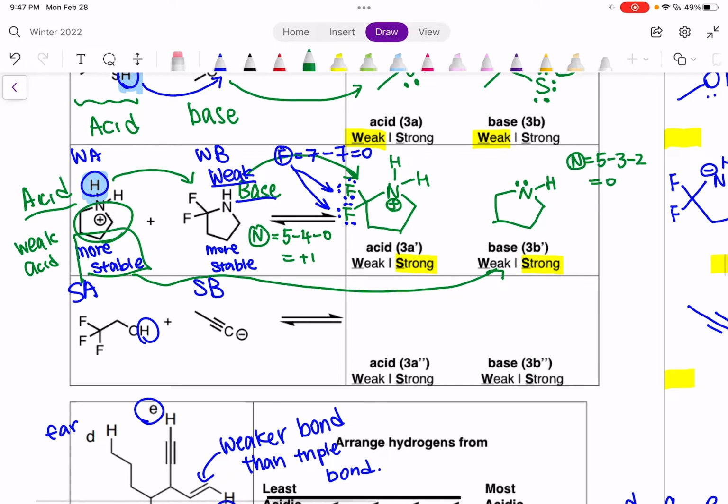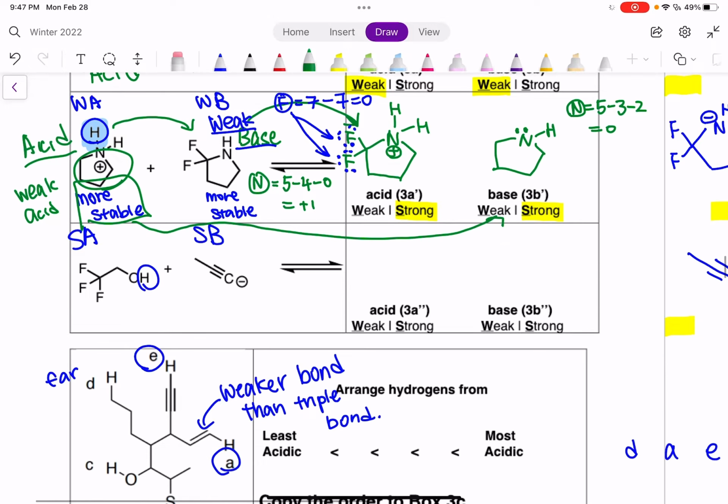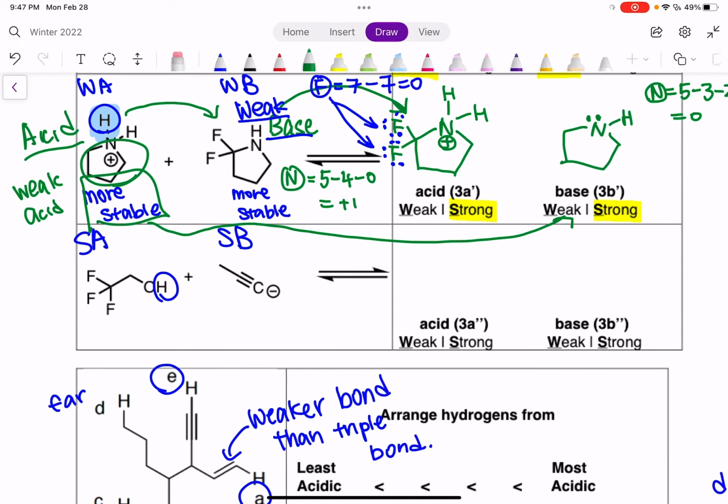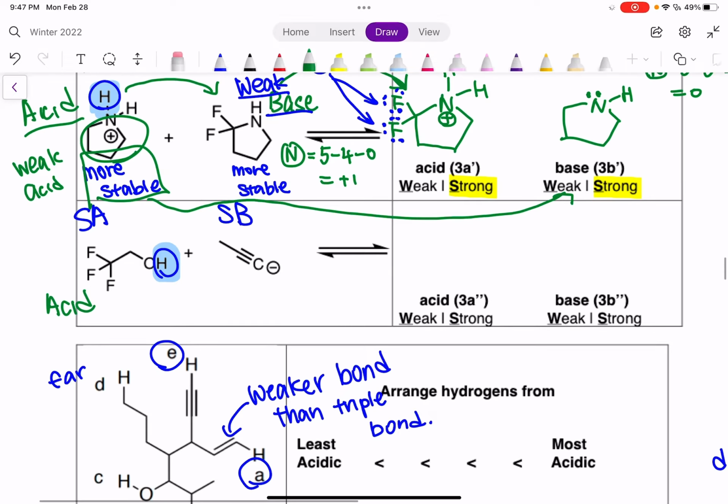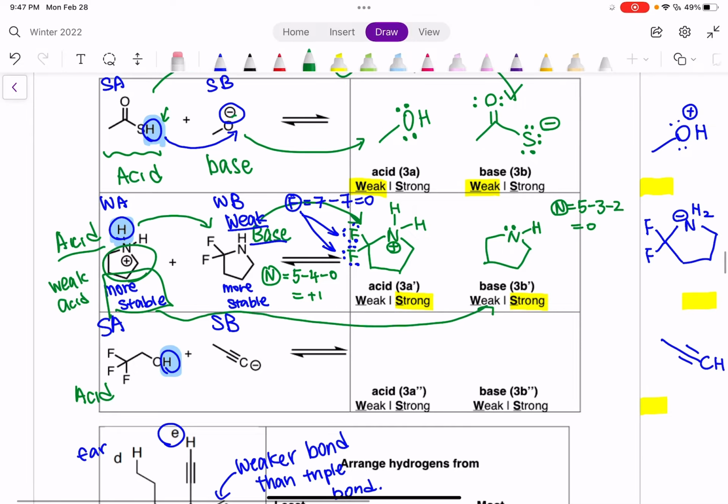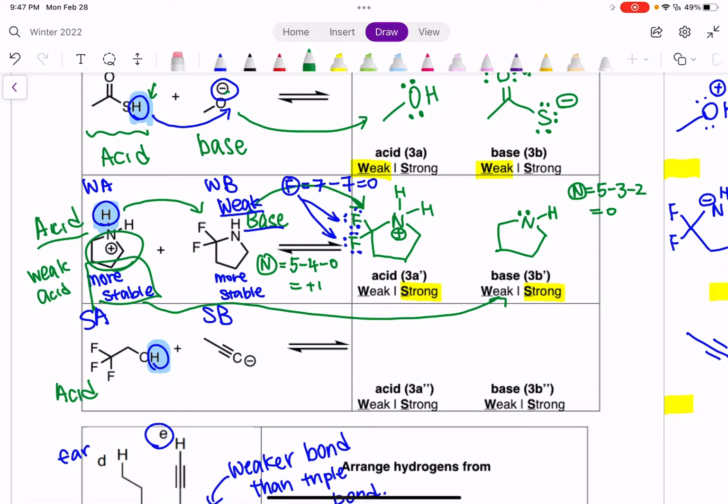Okay, so next one we have the chicken feet looking thing. You can see there's as well a proton right here, hydrogen right here, which makes it an acid. And if that is an acid, this will be the base.